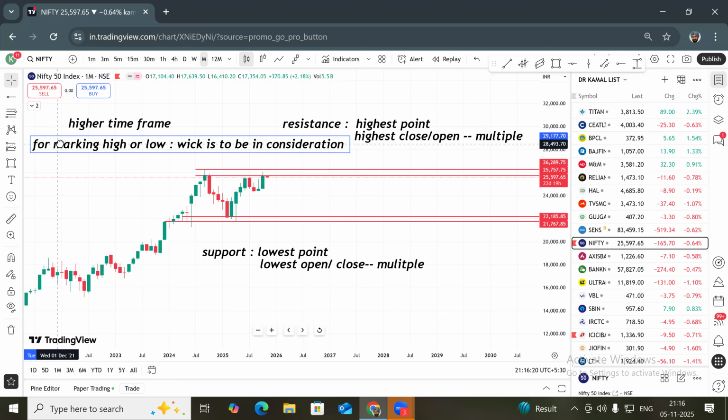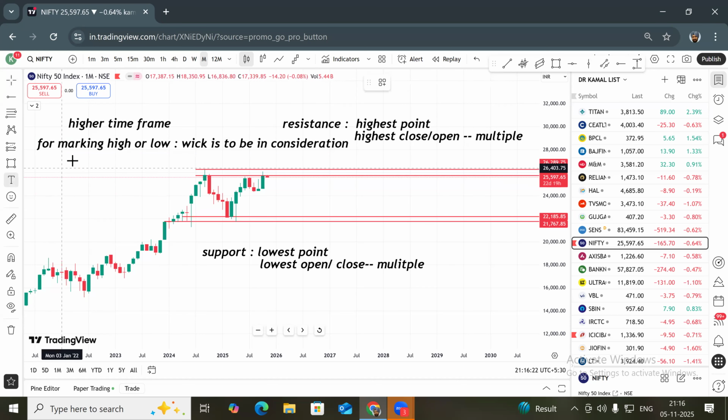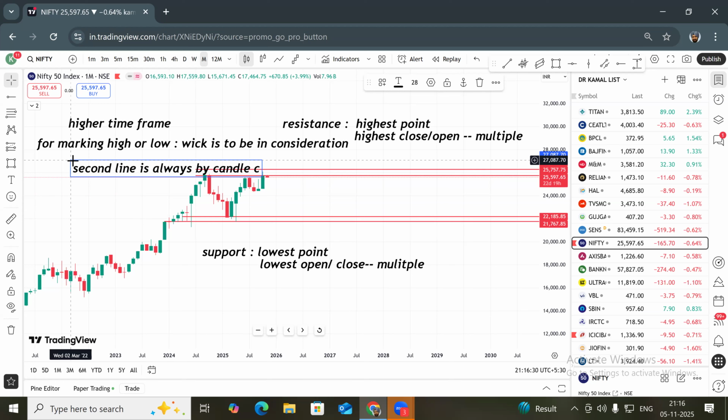What is the high and the low? The second line is always by candle close or open. And it should be multiple times, at least twice.